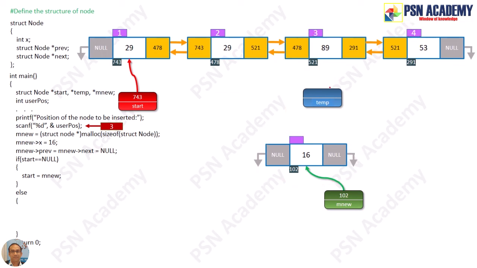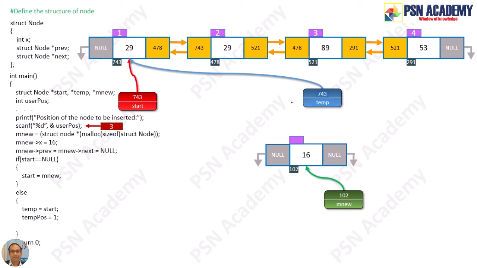We take the help of the temp pointer now. So let us set the temp pointer to the first node with the help of this line, temp equal to start. So temp becomes 743 and it starts pointing to the node at 743, which is the first node, right? Next you write temp pos equal to 1.